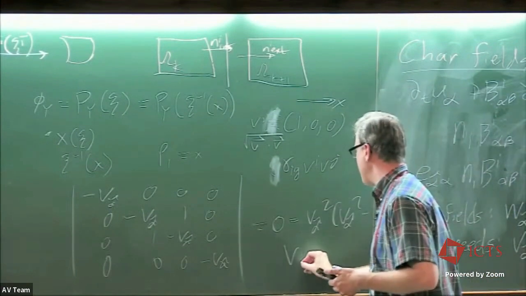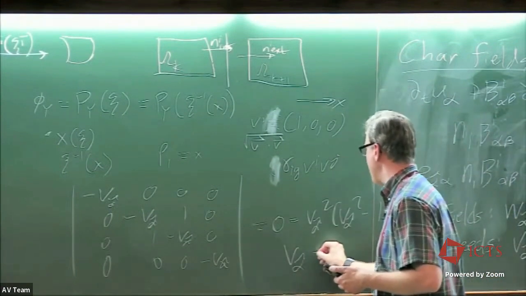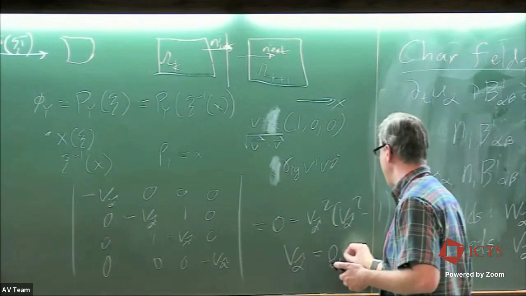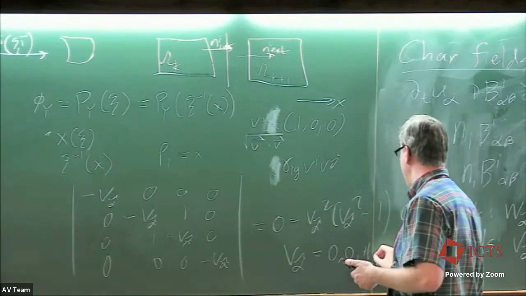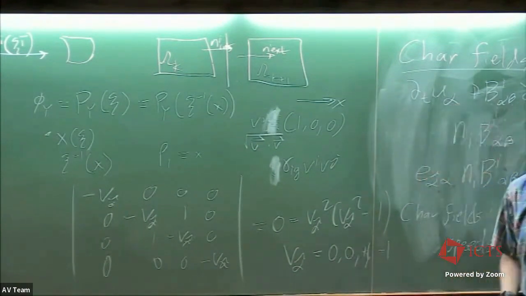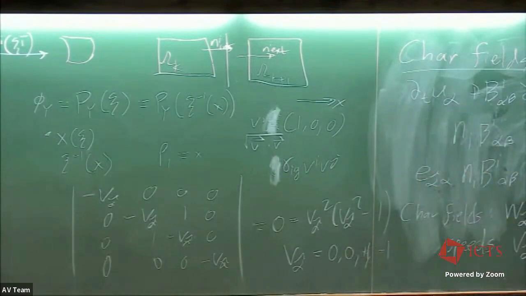So the possible solutions for the eigenvalues are 0, plus 1, and minus 1. And those are the 4 different characteristic speeds corresponding to the scalar wave system. And you find it just by taking the normal component of the b's and then finding the eigenvalues of that matrix.